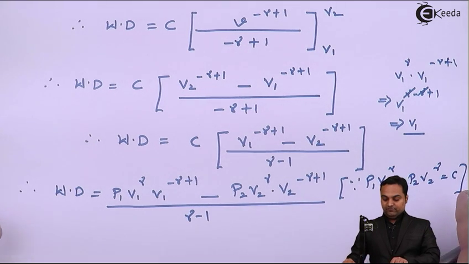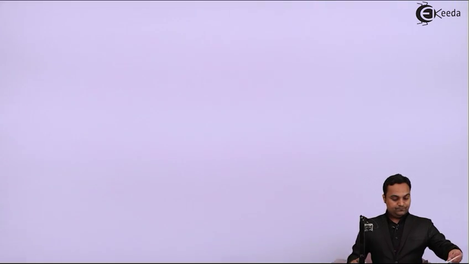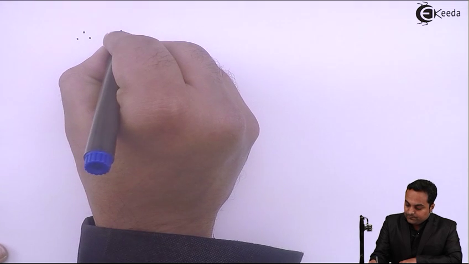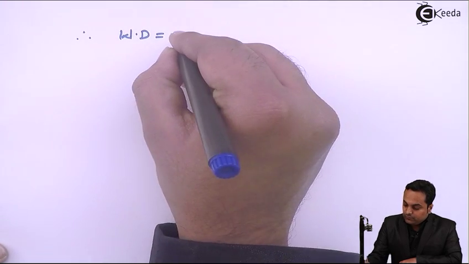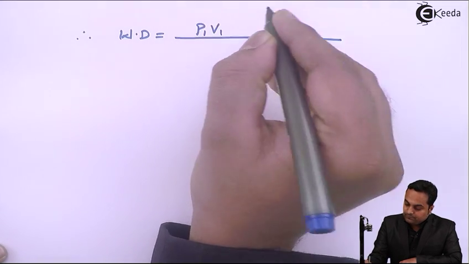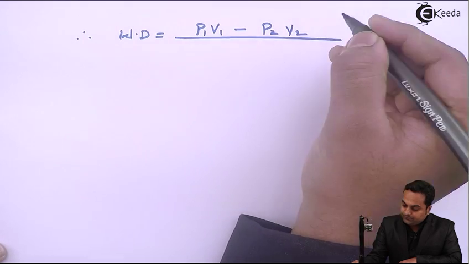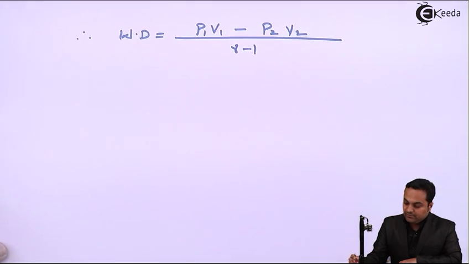So the final formula of work done will be, therefore work done will be equal to P1 V1 minus P2 V2 upon gamma minus 1.